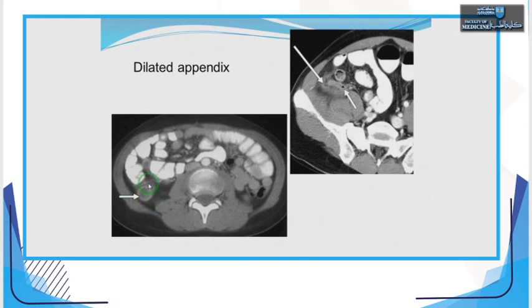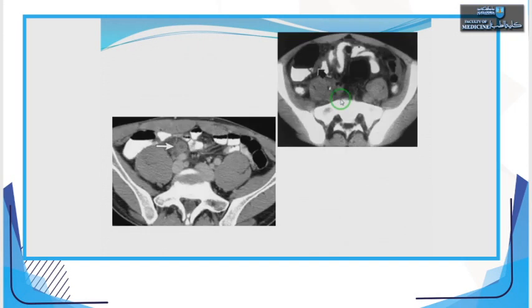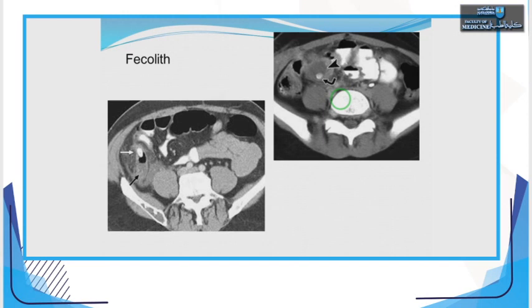This is a presentation of a case of dilated appendix, also here. This is a classical case of fecalith, here also.